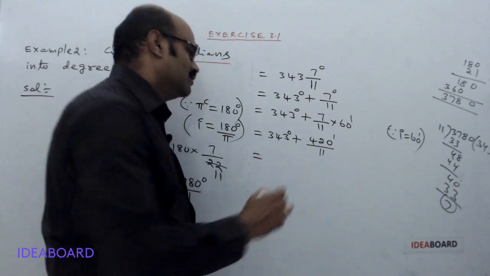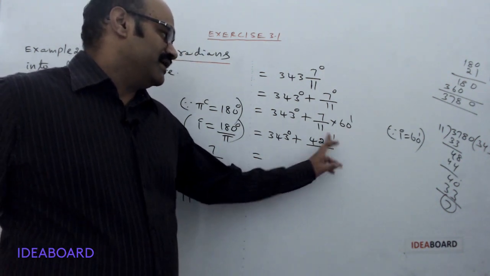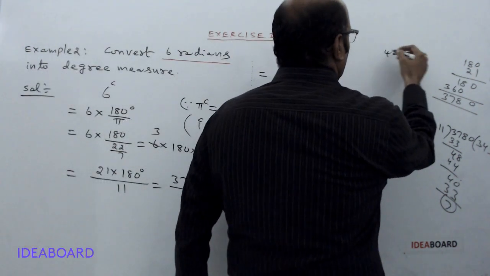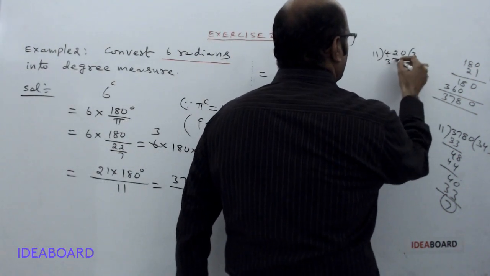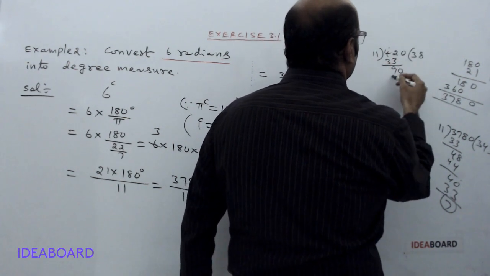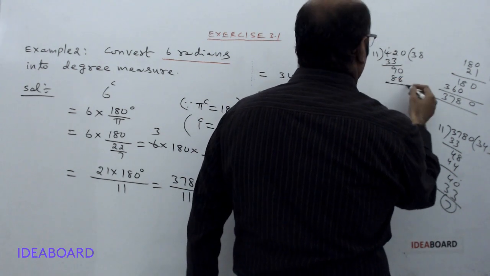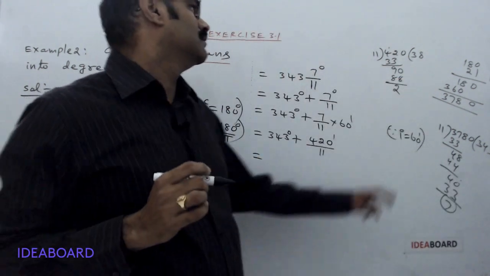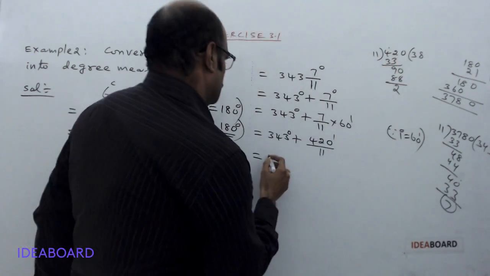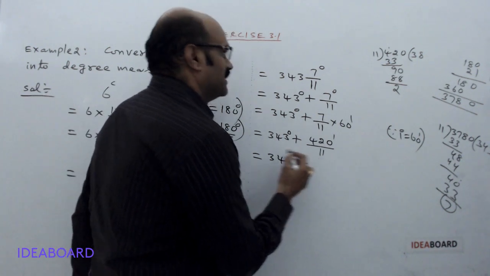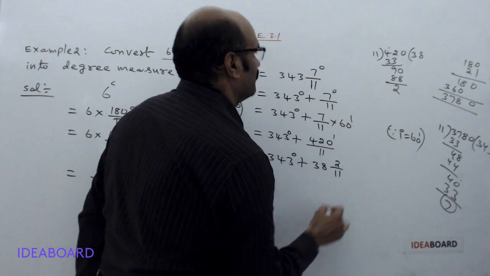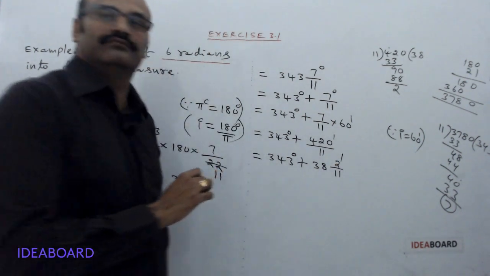Now we have to divide 420 by 11. So when we divide it, we get 420 by 11, 11 3 is 33. 343 degrees plus 38, 2 by 11 minutes we have.